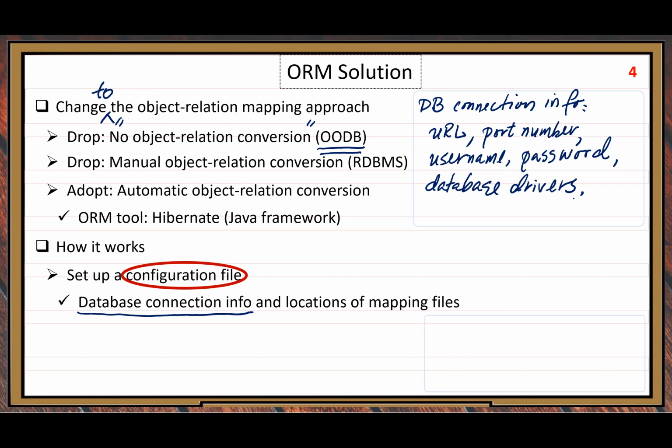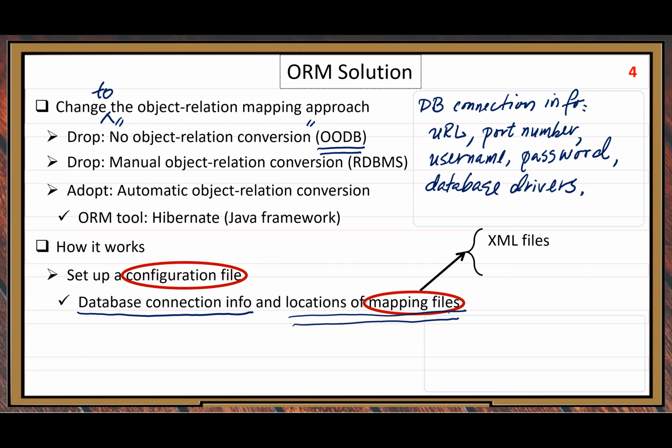And location of mapping files. How to do the mapping? You need to tell the Hibernate framework how to do the mapping, so you need to use a set of mapping files. What's the format?